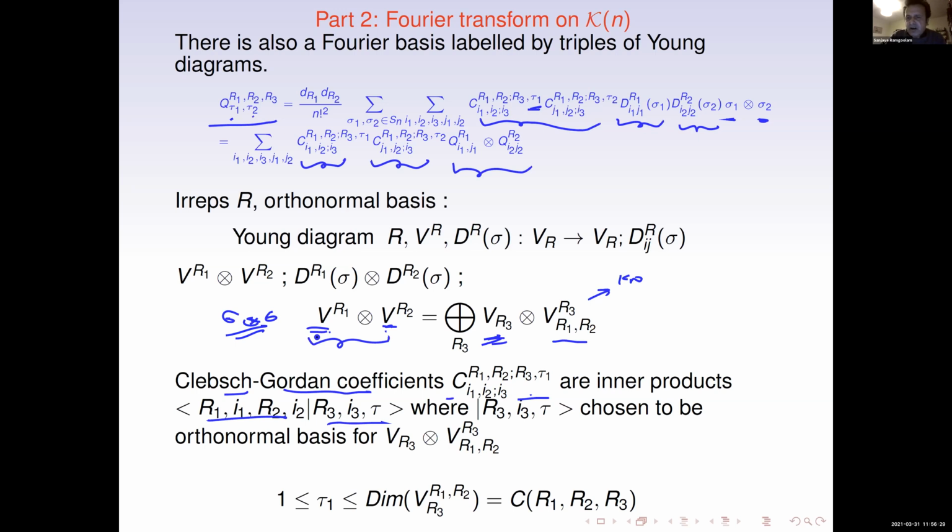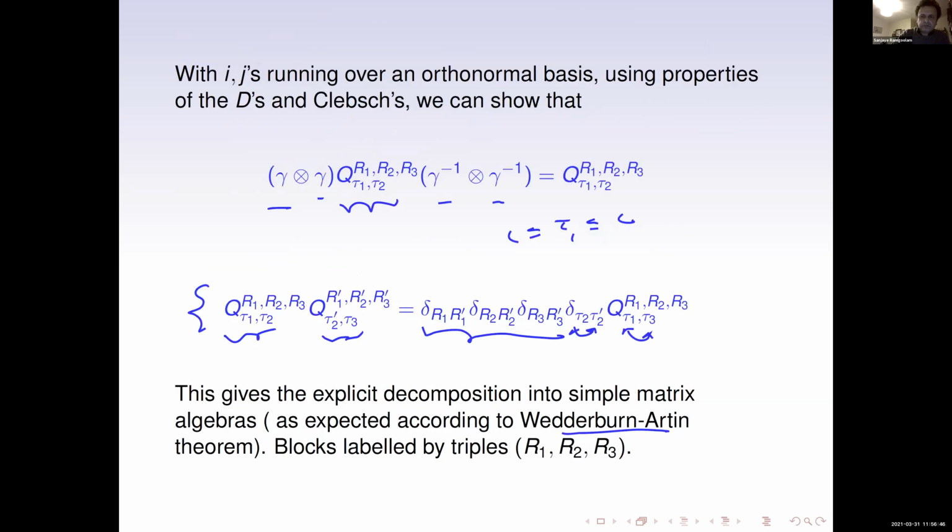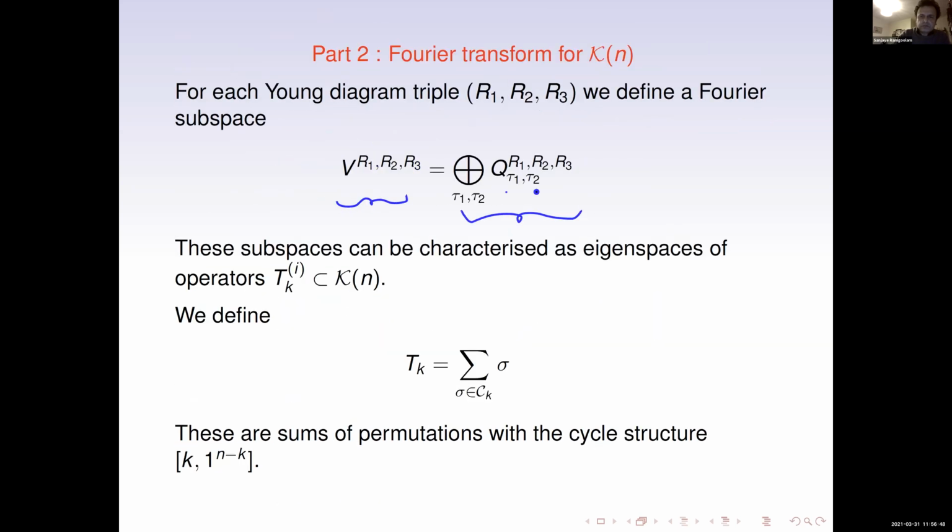The multiplicities are the Kroneckers, and for each there are these overlap coefficients which have this multiplicity index. So we are using precisely those multiplicity labels, and by construction there are C squared of them.